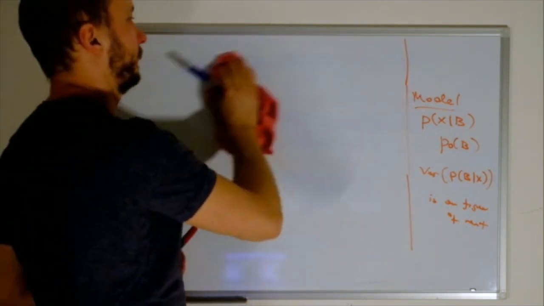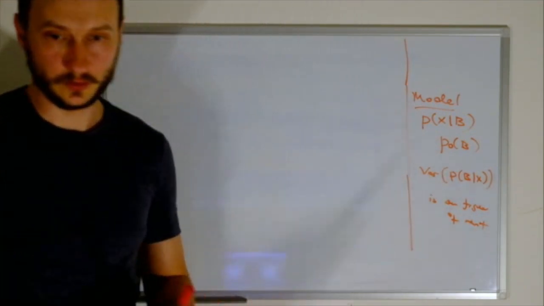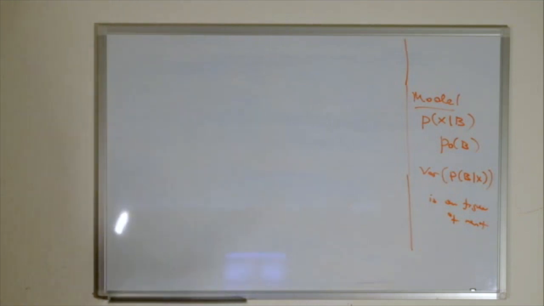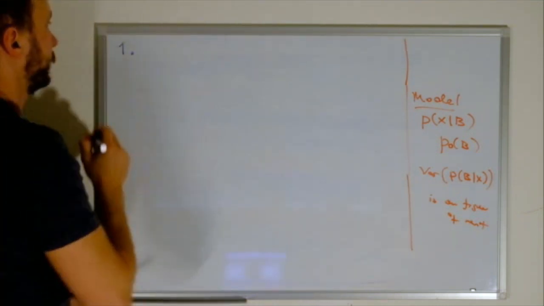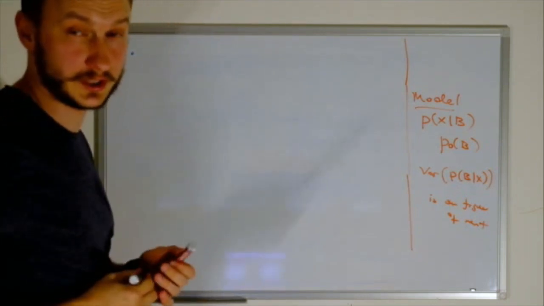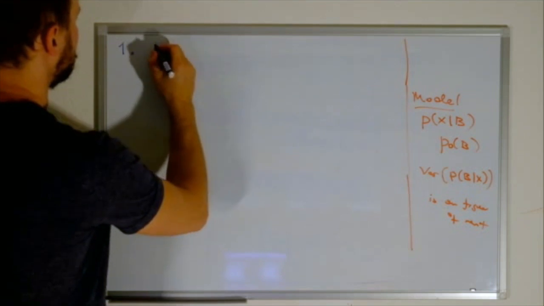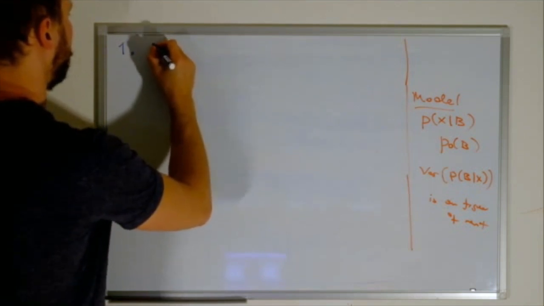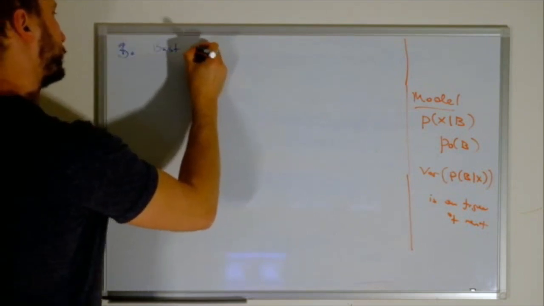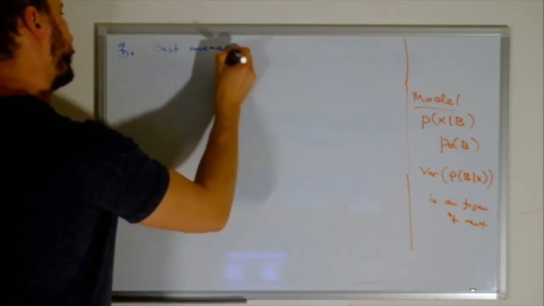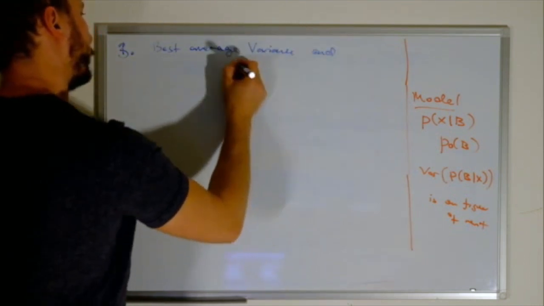So to get some intuition and to start, there is one nice case which one can solve explicitly, and this is a case which is constructed with the variance and with projective measurements. Let's write it down: number 3, best average variance and projective measurement.